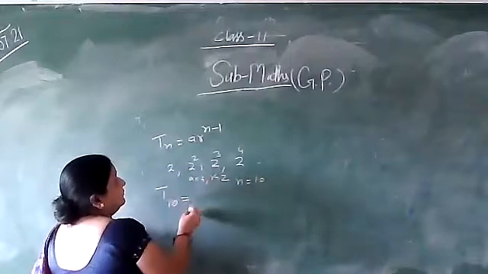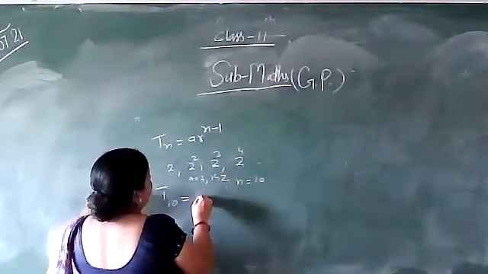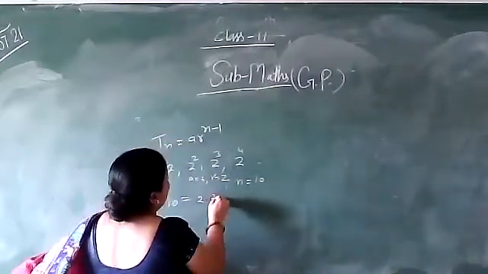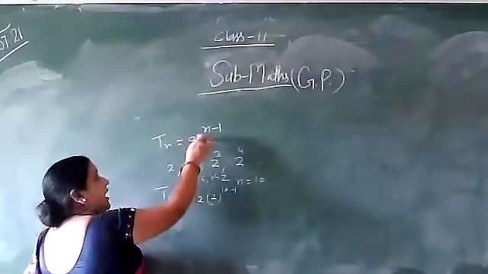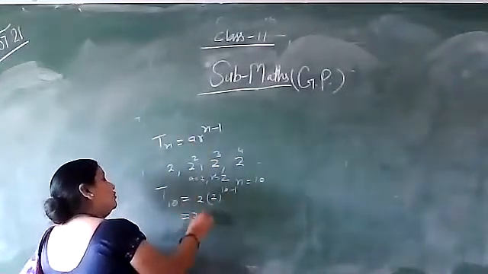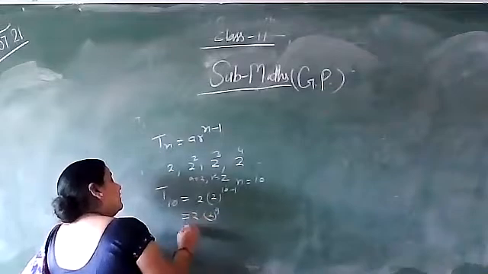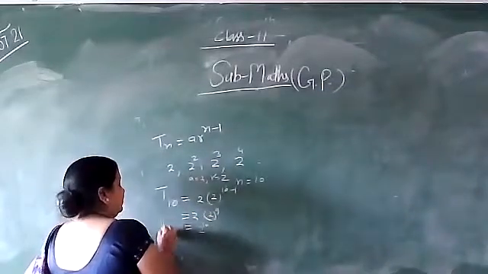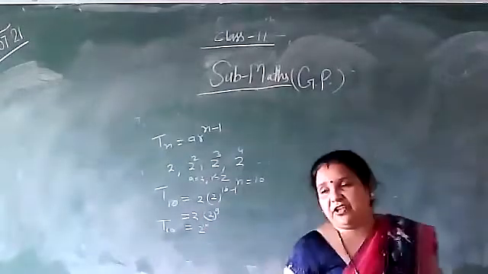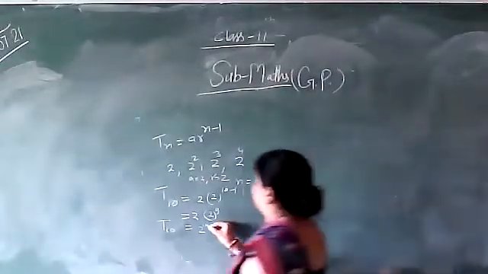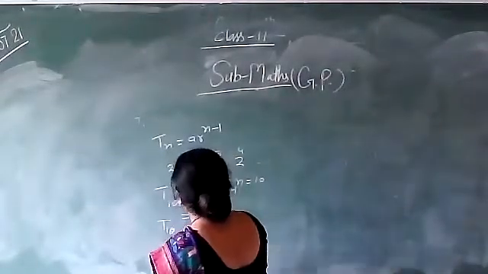So we get A 2, R 2, 10 to the power minus 1. We find A, R to the power n minus 1. So 2 into 2 to the power 9. Here we get 2 to the power 10. If you want to multiply that out, otherwise this is the answer. Okay?